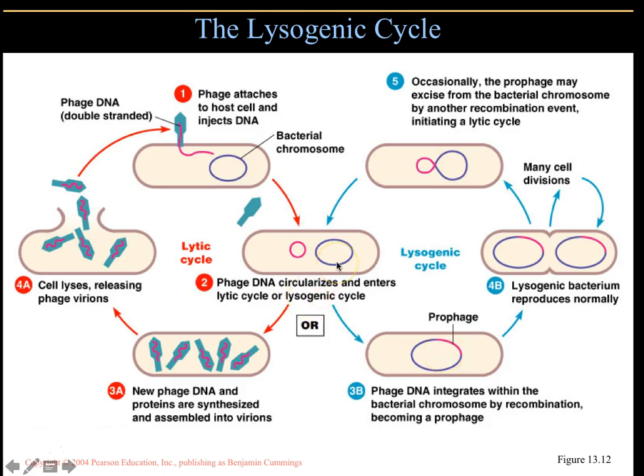And then something can happen to the cell. In humans, very often it's something that is going to compromise the immune system, because the immune system is there to help defend the body against viral infections. But if the virus knows that the immune system is compromised, then it can pop out and start a lytic cycle.